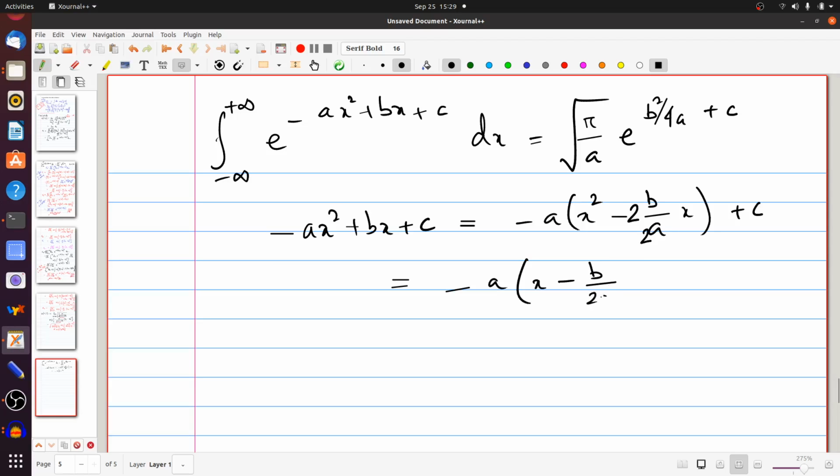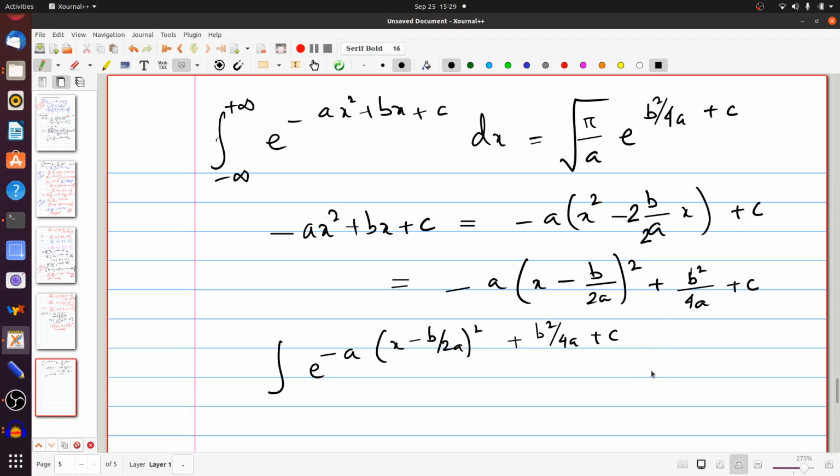So minus b by twice a whole square. And of course, if you are subtracting the b square by 4a square from here, you have to add it back, and since there's an extra a outside, you end up with b square by 4a plus a c. And so the integral that you are doing ends up being e to the minus a x minus b by twice a whole square plus b square by 4a plus c, this whole exponential integrated from minus infinity to plus infinity.